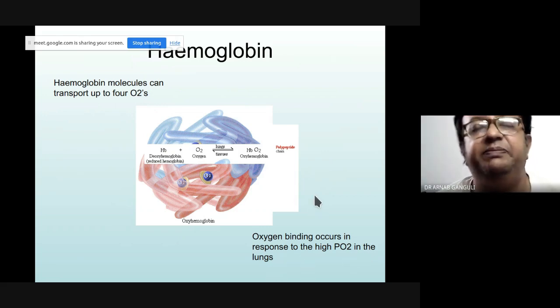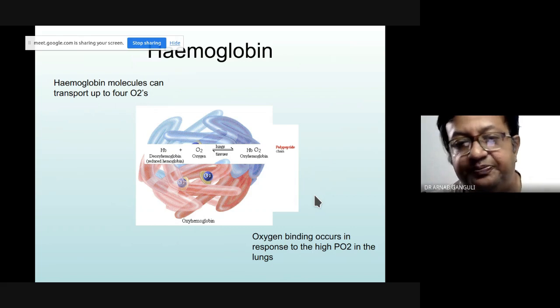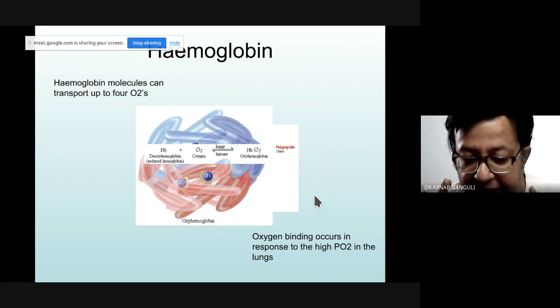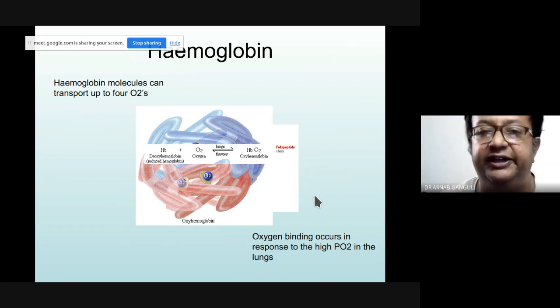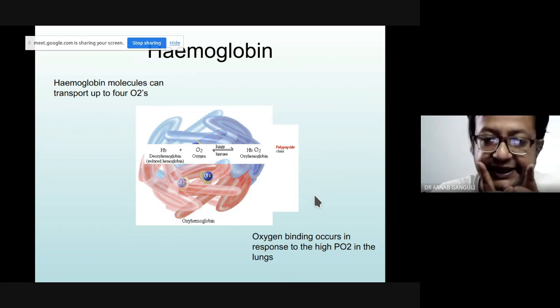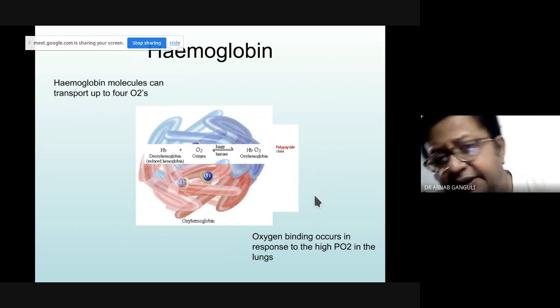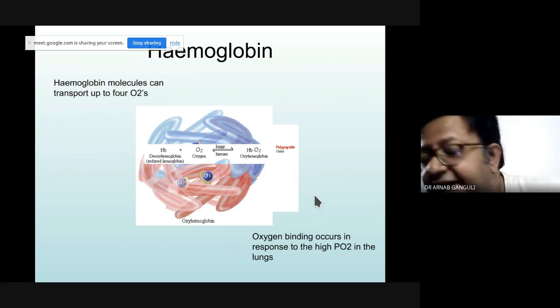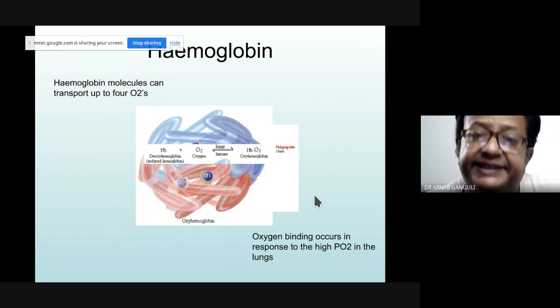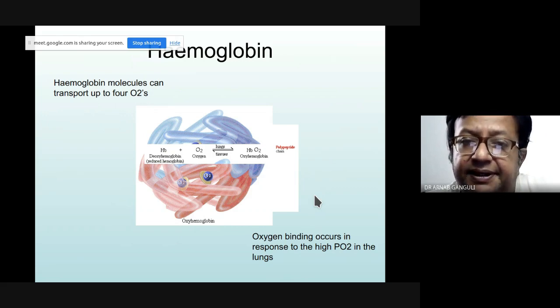So what is partial pressure actually? You take air in a closed container. This air exerts a pressure on the walls of the chamber. It can be your lungs. This air is made up of different types of gases: oxygen, carbon dioxide, nitrogen.